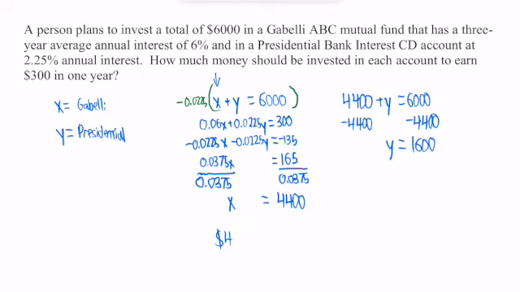So we can say that we would invest x, 4,400, in the Gabelli account, and y, which is $1,600, we would invest in the presidential account.